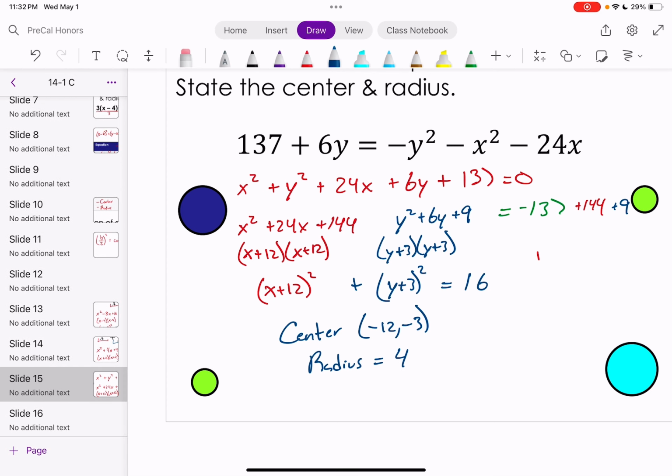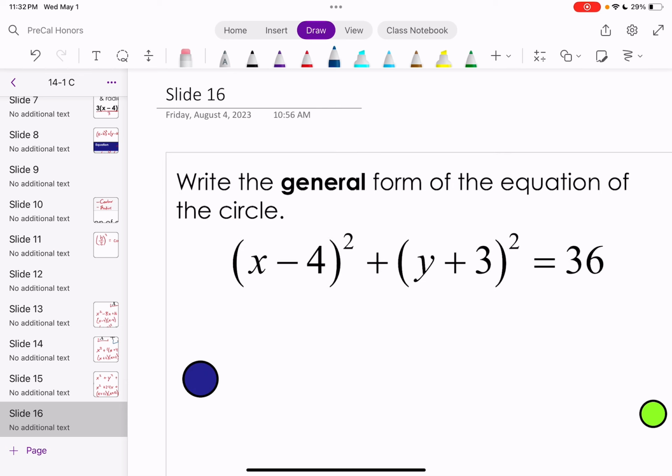Our last slide would be slide 16. In slide 16, we are working the opposite direction and working from a standard form and going towards general, which means we are going to break apart these squares. This would give us x minus 4 and x minus 4, which is x squared minus 8x plus 16.